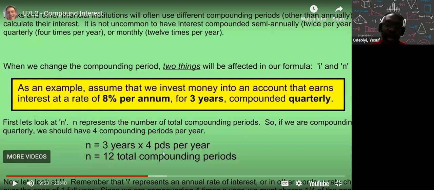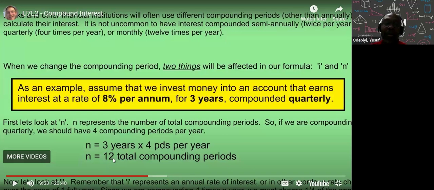In this case, I'm compounding quarterly. Quarterly means every 4 months. So in 3 years, every 4 months, I'm compounding. What would that mean? I have to multiply 3 years times 4 compounding periods per year.